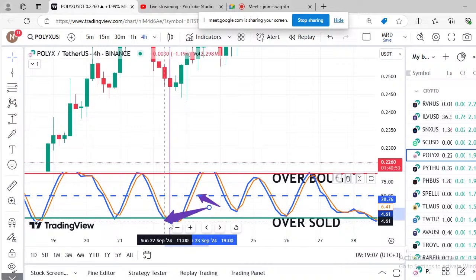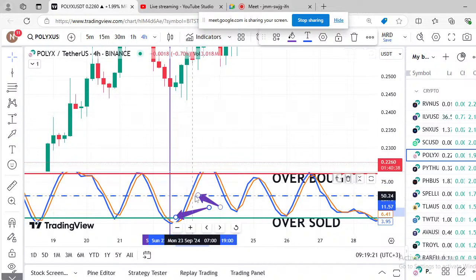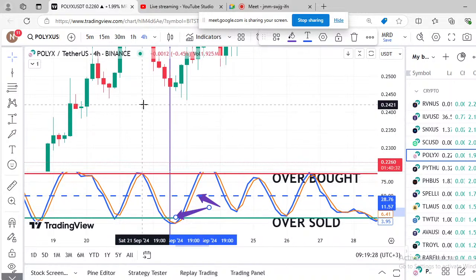The moving averages were below our green line, meaning the market was too down according to the RSI. Are you getting the point? Therefore, we could trade since the moving averages were too down in the oversold region.